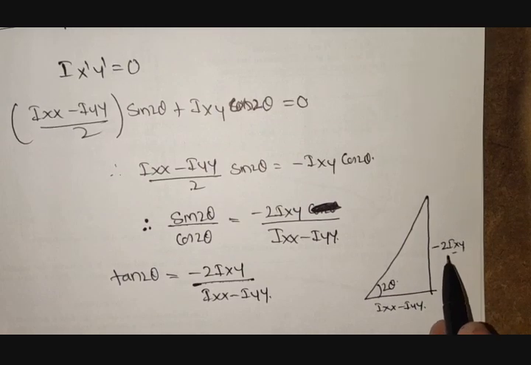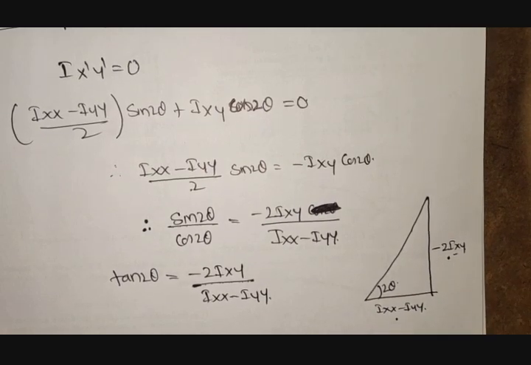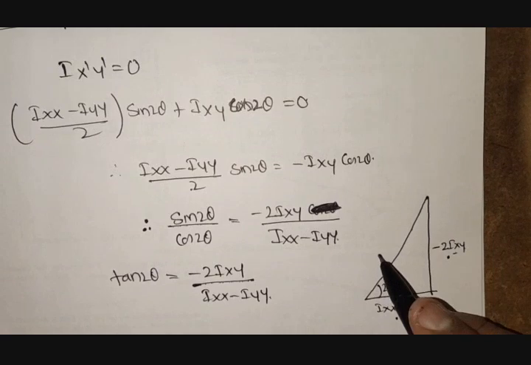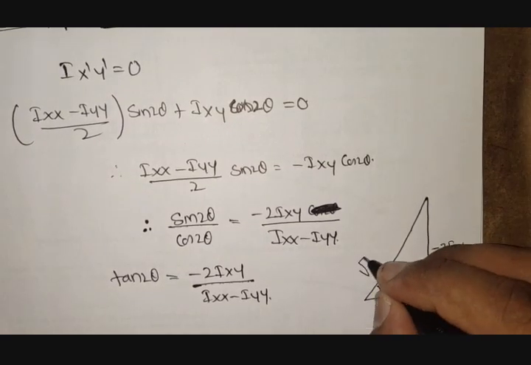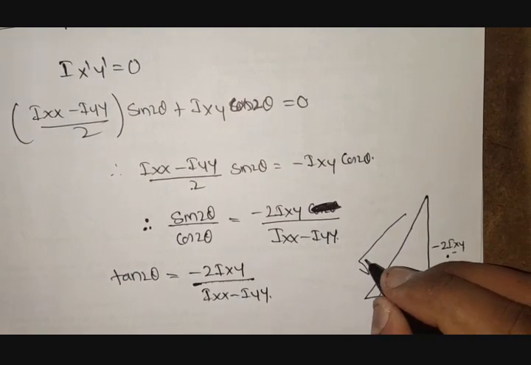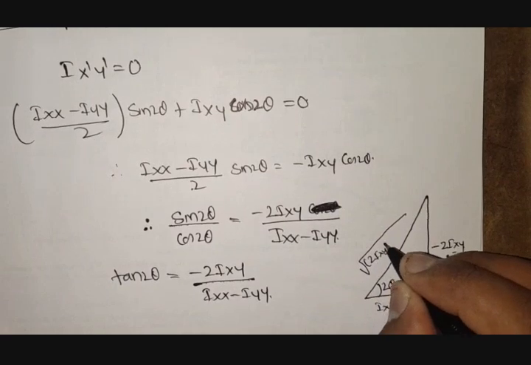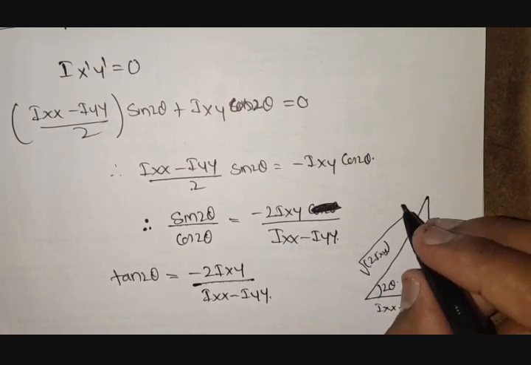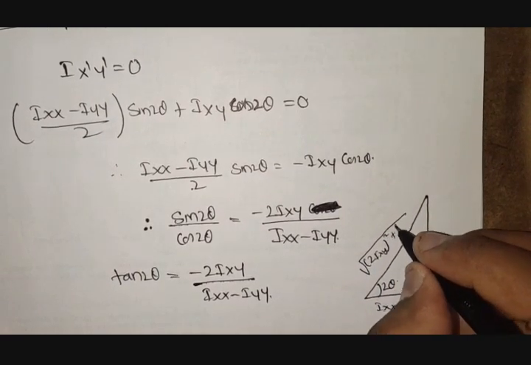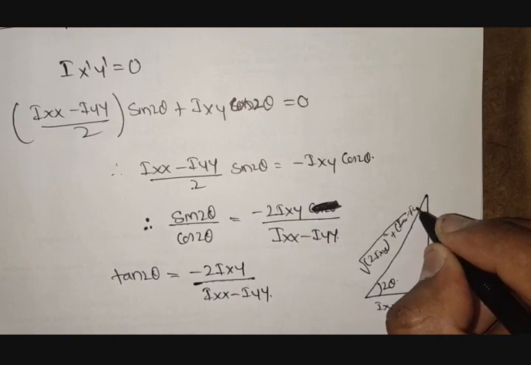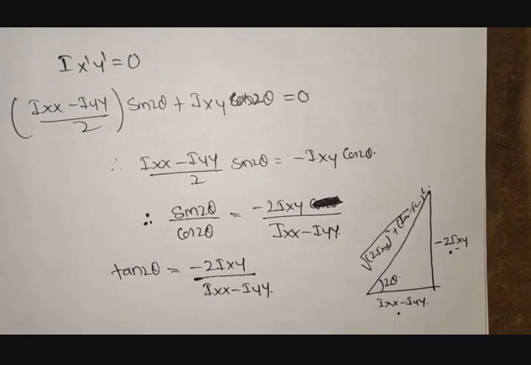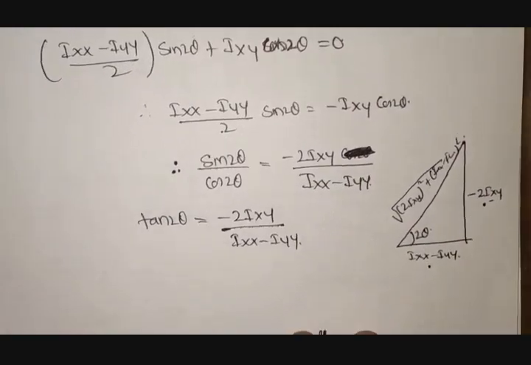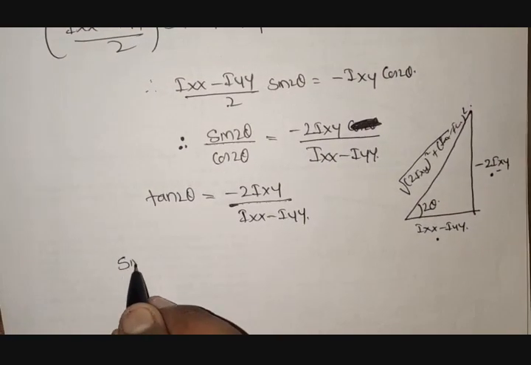Tan is opposite side by adjacent side. Here the hypotenuse will become root of (2Ixy) whole square plus (Ixx minus Iyy) whole square. Now from this figure, what is the value of sin 2 theta?